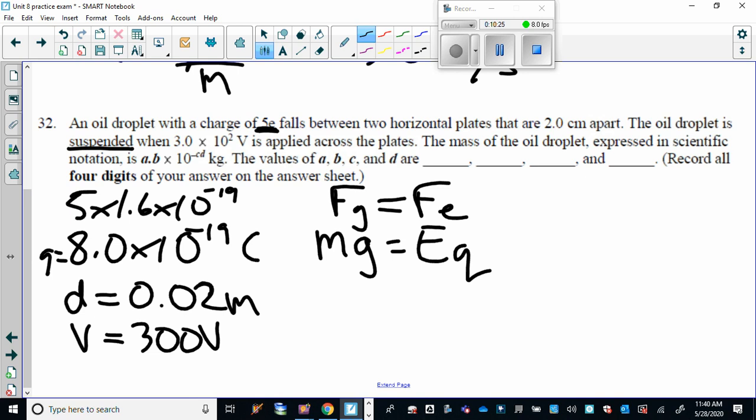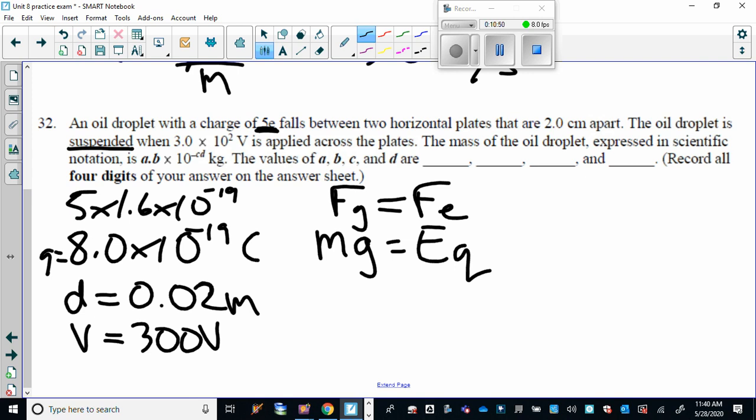The only thing that's different about this question is they don't give you E, but they do give you D and V, and therefore you can calculate E, or if you want, you can just substitute it into that equation. So let's do it that way.